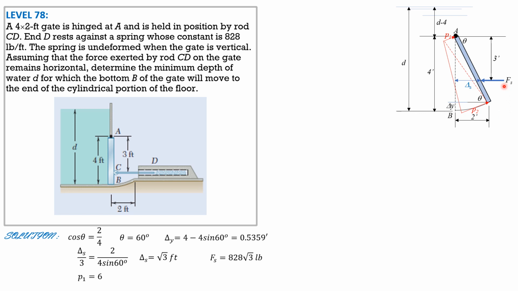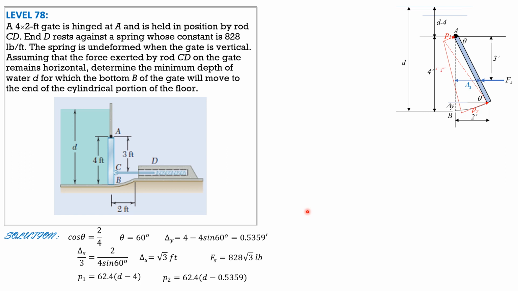So let's have pressure 1, 62.4, specific weight of water in the system, times vertical distance D minus 4. Pressure at 2 is 62.4 times quantity D minus delta y, D minus 0.5359.